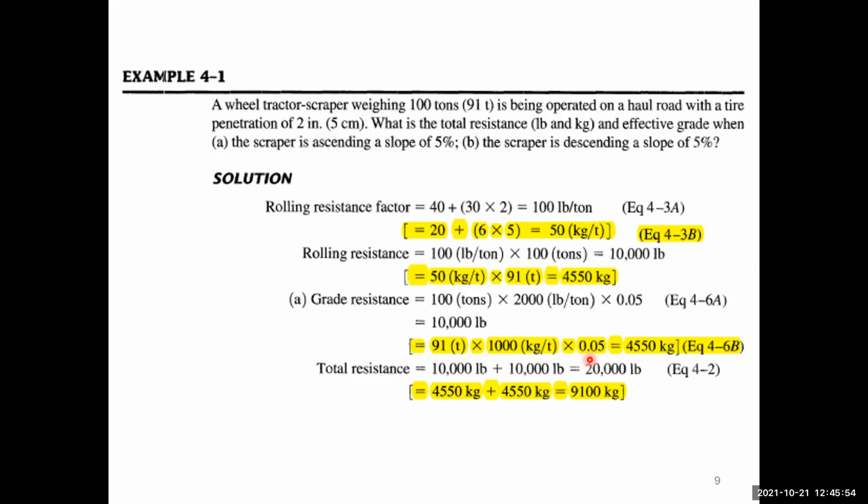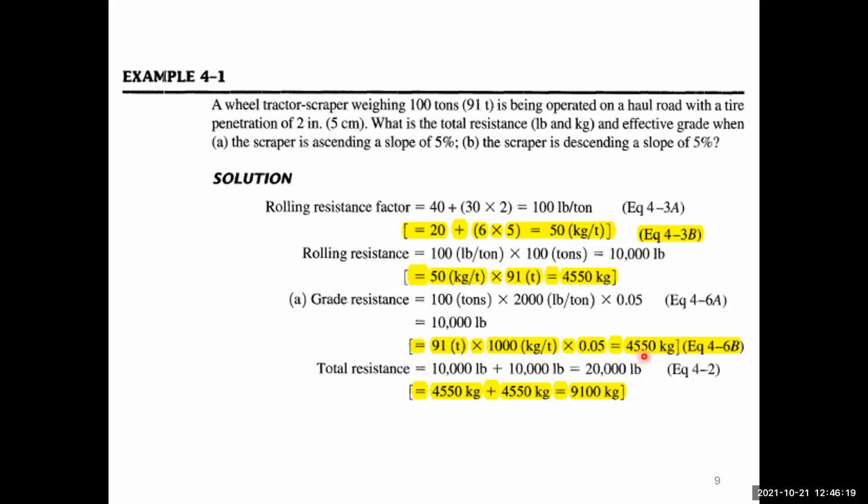So the more the percentage of slope, the more the grade resistance. So in that situation, what we have is 91,000 multiplied by 0.05. So the grade resistance will be 4,550 kilogram.